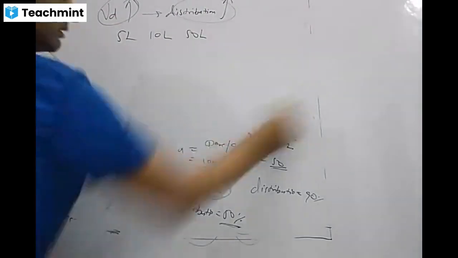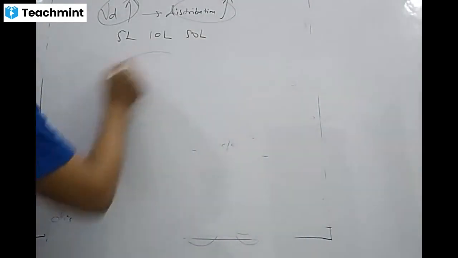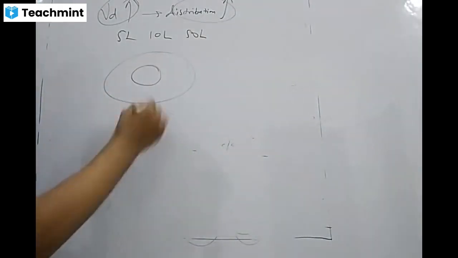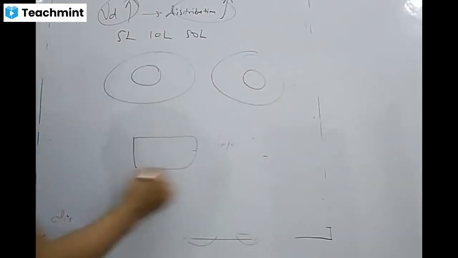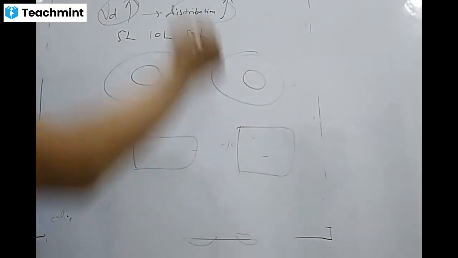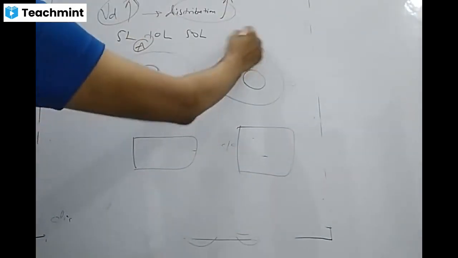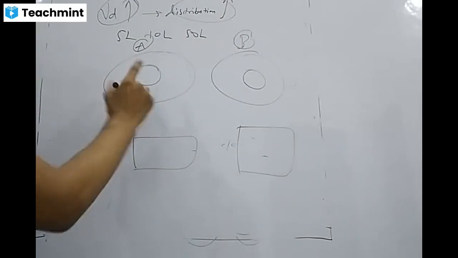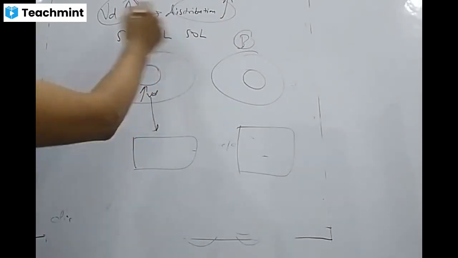In other words, we can say this is the blood, and this is also blood, and these are the tissues. If drug A and there is drug B, it is having high VD, more VD, so it will distribute more.